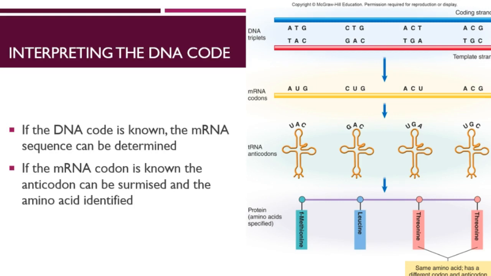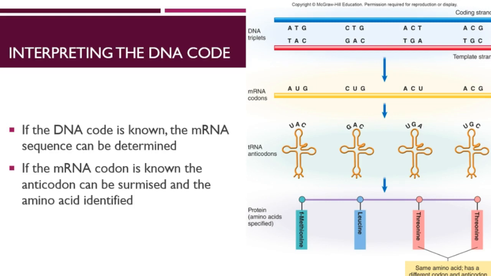Then the transfer RNA anticodons are going to be the complementary codon to the messenger RNA codon. And that transfer RNA anticodon is going to bring with it an amino acid that is a match for the mRNA codon. So you see this first codon in the messenger RNA is AUG.